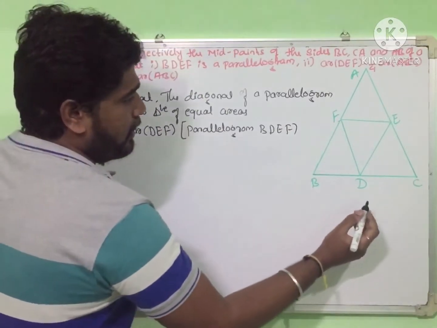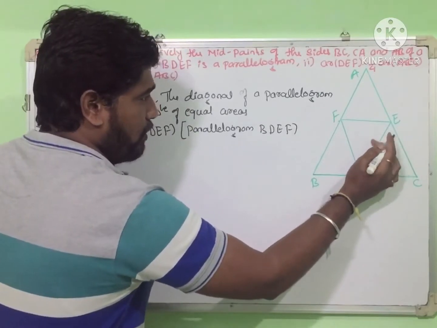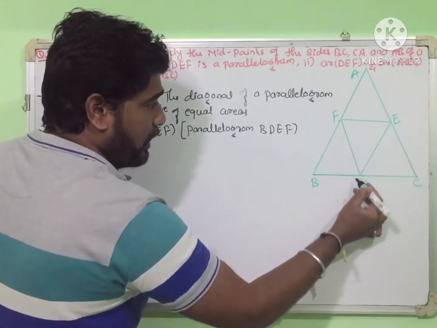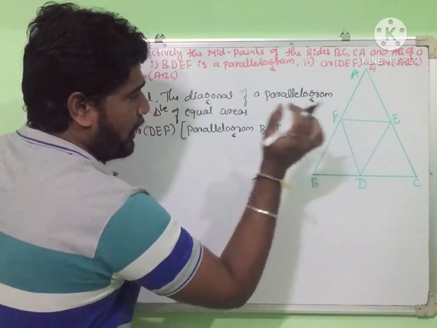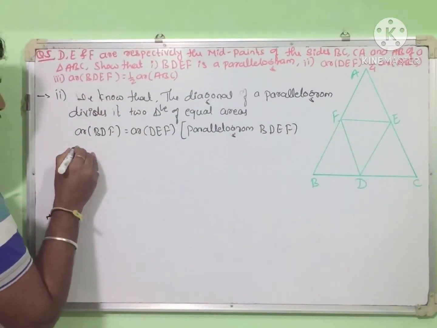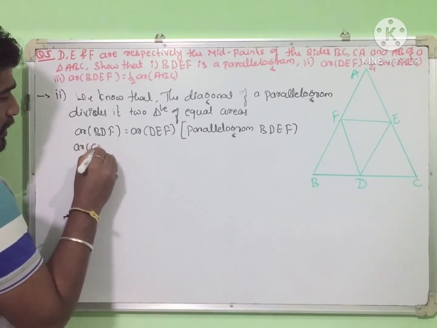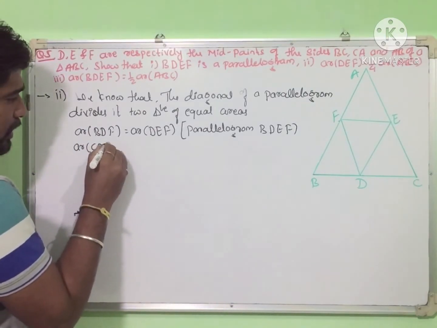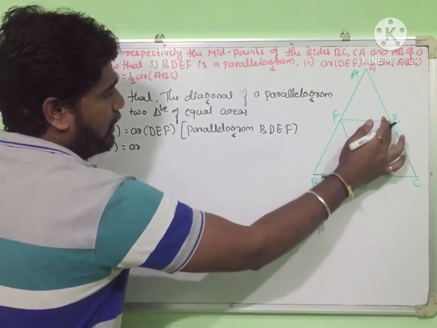And similarly in parallelogram CDFE, the diagonal ED divides it into two triangles of equal area. So the area of CDE is equal to area of DEF.